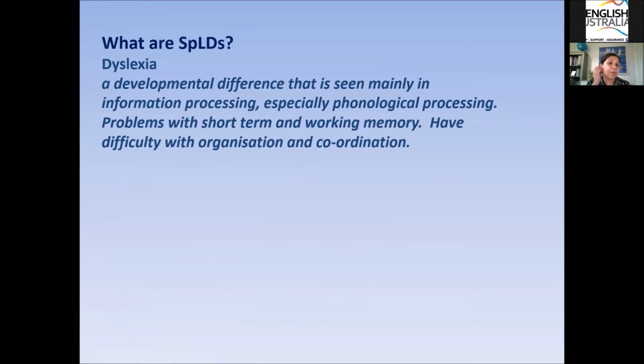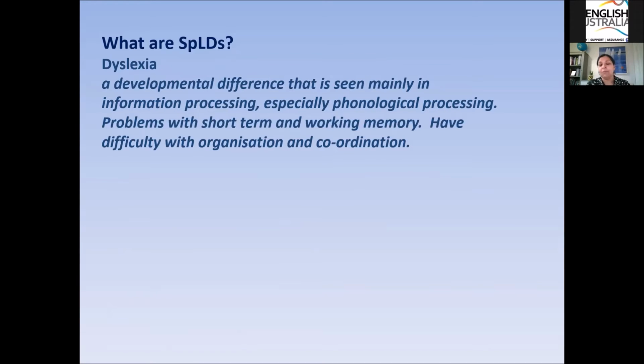There are obviously many others as well, but it's the one thing that most schools will focus on, not just in English language teaching, but also in mainstream education. They put a lot of focus on dyslexia.